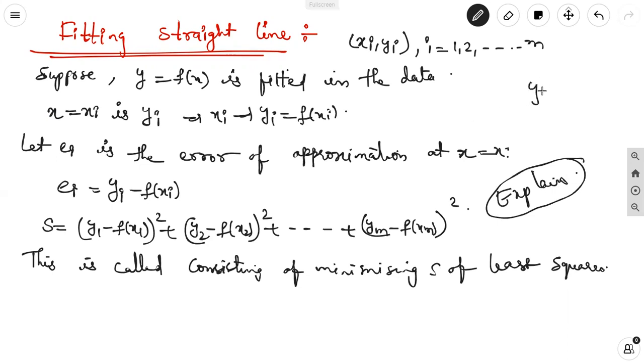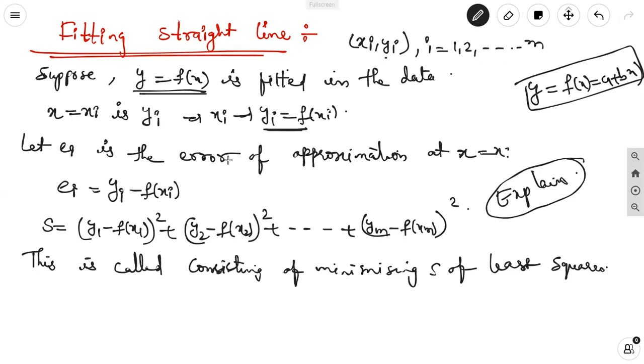A line, we know, y equal to f of x, is in the form of a plus bx. So when they ask to explain the least squares method for a straight line, first we take the points and the i values, i from 1 to m. The curve equation is y equal to f of x. For the corresponding x values we get the y values.